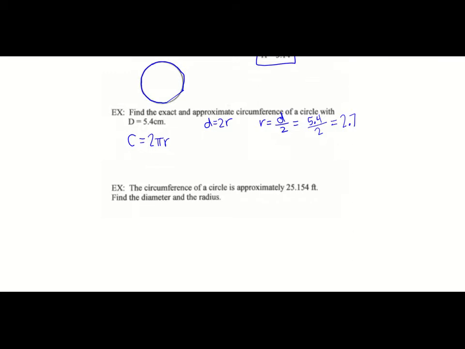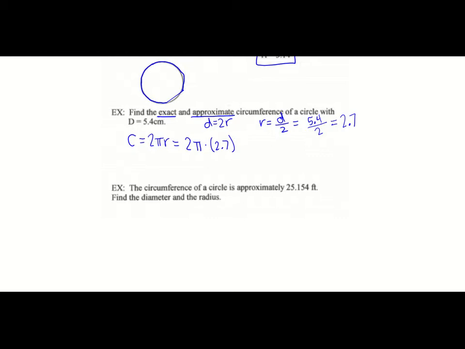Okay, now I can plug that into my equation over here. So I have 2 times pi times r, which is 2.7. Now, it says find the exact and the approximate. The exact version is going to include pi in my answer.